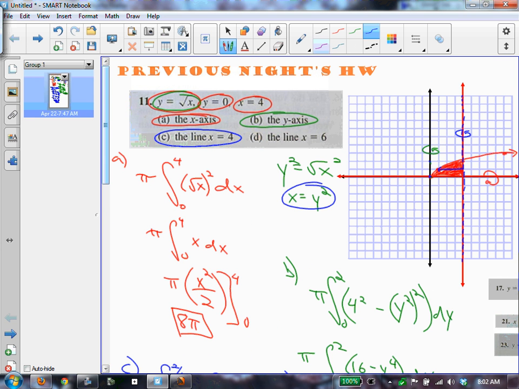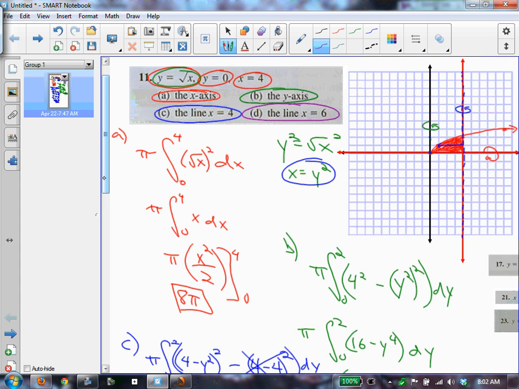All right, and then my last one, the line x equals 6. Okay, definitely still a washer, right? And we're still going this way, so we're still dealing with x equals stuff, so we're dealing with the y's, which means, again, using this guy, right?